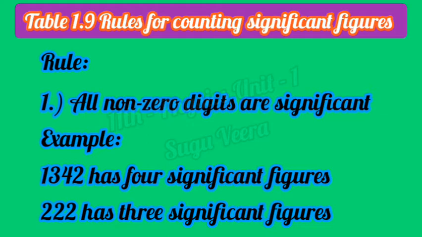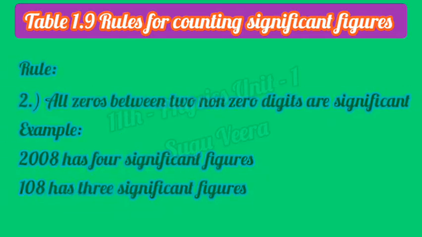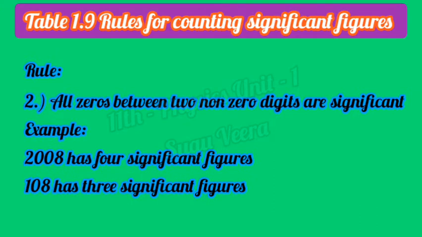Another example, 222 has 3 significant figures. Second rule is all zeros between two non-zero digits are significant. For example, 2008 has 4 significant figures, and another example is 108, which has 3 significant figures.